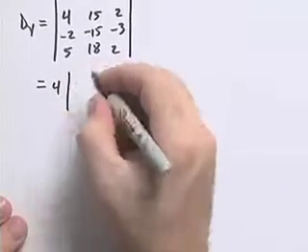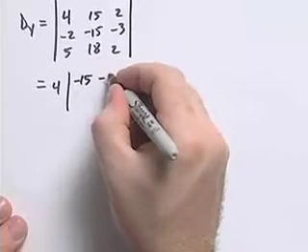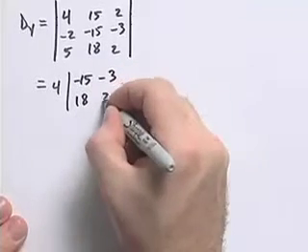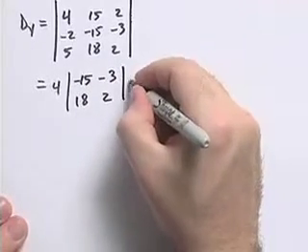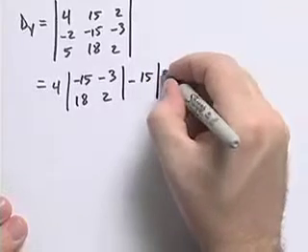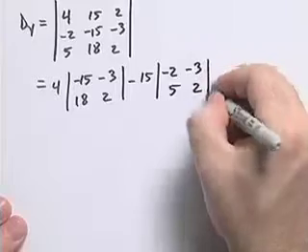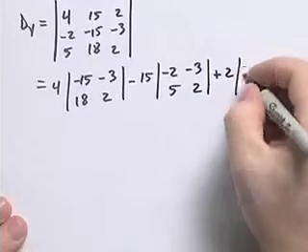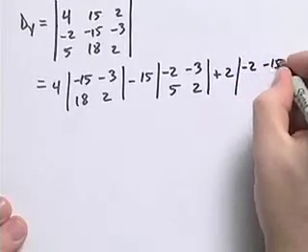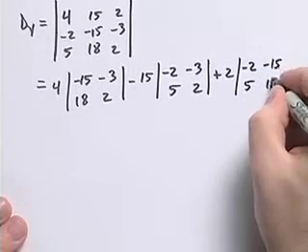So we'll have 4 times the determinant of negative 15, negative 3, 18, and 2, minus 15 times the determinant of negative 2, negative 3, 5, and 2, plus 2 times the determinant of negative 2, negative 15, 5, and 18.